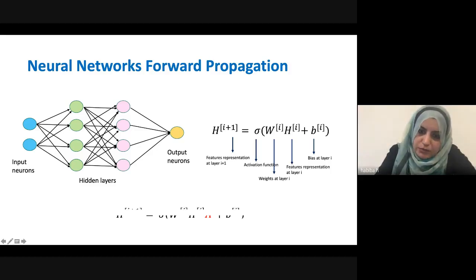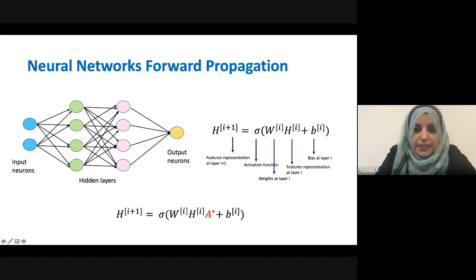I just wanted to highlight where things will change when we have a graph structure. The most basic form of graph convolution, training a neural network with graphs, is quite similar to a standard forward propagation neural network, but now we have an added adjacency matrix, or connectivity information, incorporated in it.